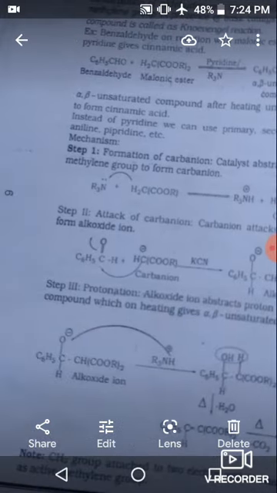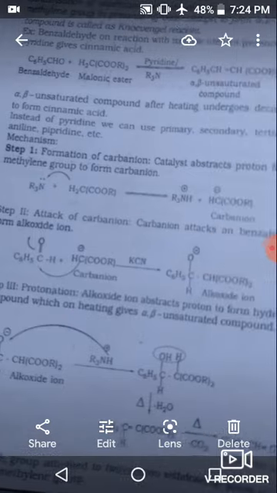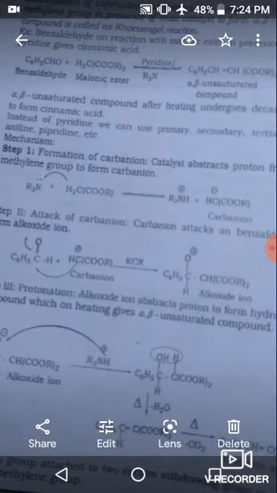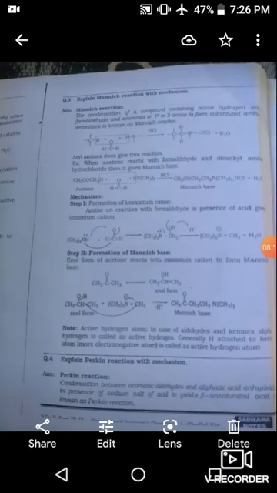In the third step, protonation and dehydration take place, forming an alpha beta unsaturated ester. Hydrolysis then gives an acid, which undergoes decarboxylation, forming the alpha beta unsaturated compound, that is your product, cinnamic acid.